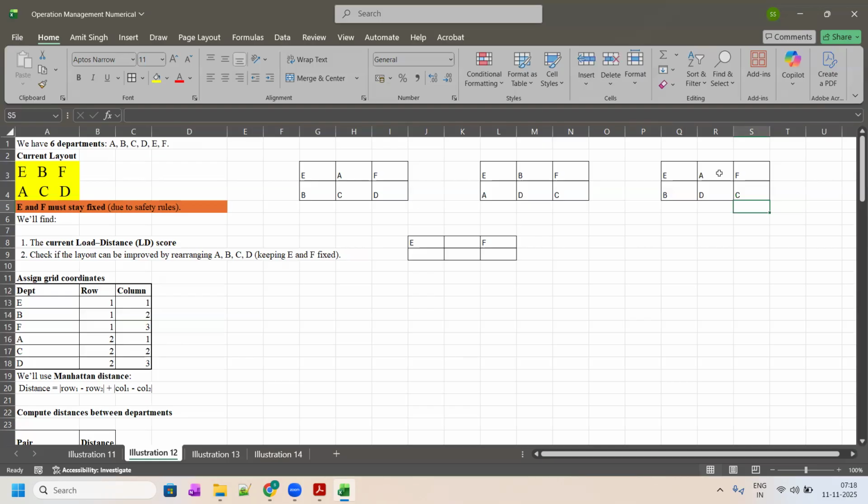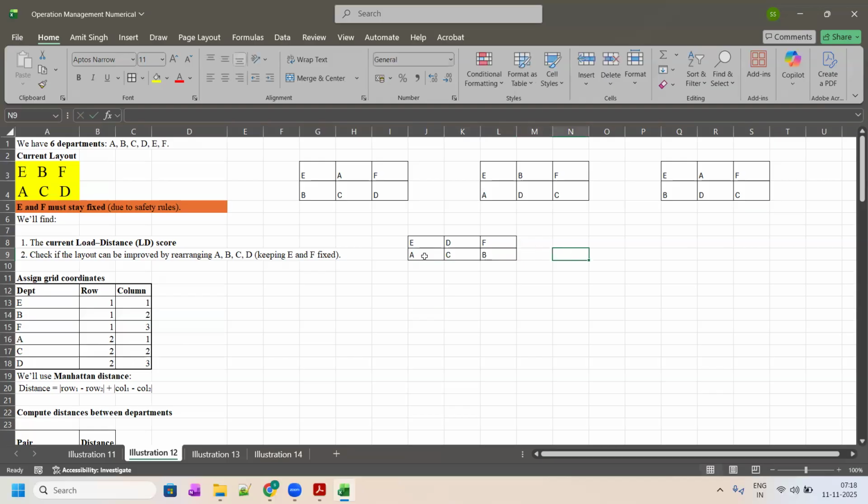We cannot change the position of E and F. So I interchange the position of A and B, then interchange the position of C and D, and then I can interchange the position of all of them, A, B, C, D. Or I can bring D here, leave C in its position and A in its position, and bring B here.